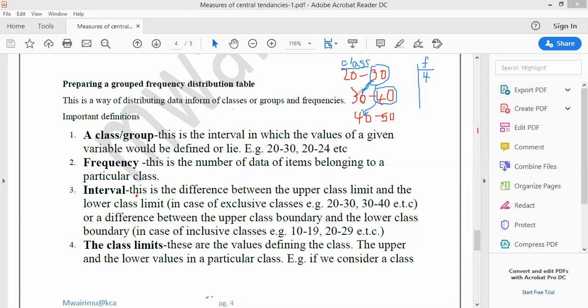All the values lying between 30 and 40, 40 not to be included in this class, again you exclude it, you may count them, and let's say you have realized that these are maybe 5.